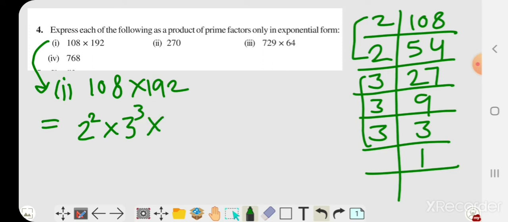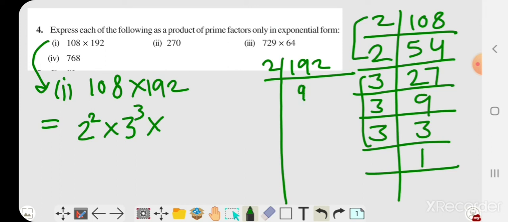Now let's factorize 192. You have to show the factors there also. 192 is divisible by 2. 2 9s are 18. 1 remains, 12. 2 6s are 12. Again 2. 2 4s are 8. 2 8s are 16.